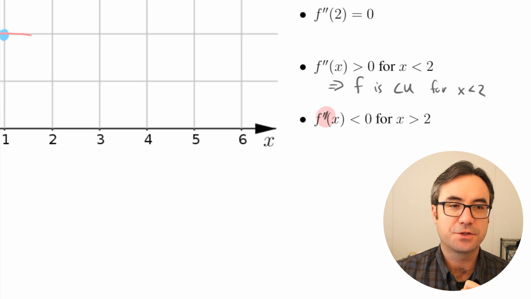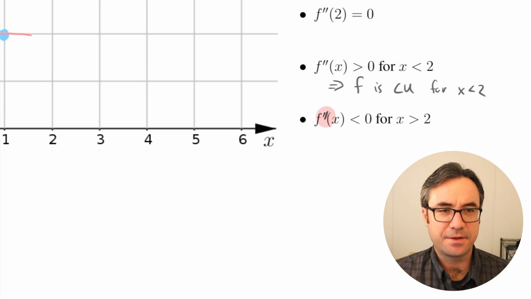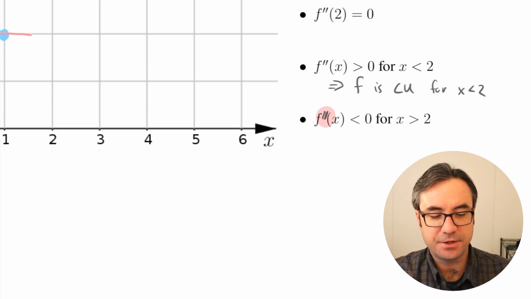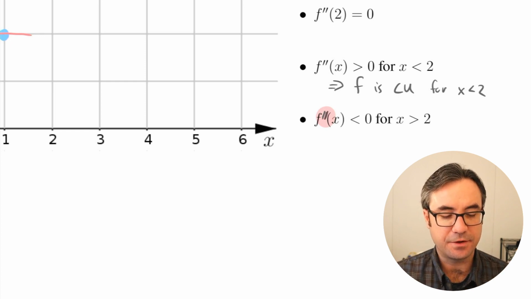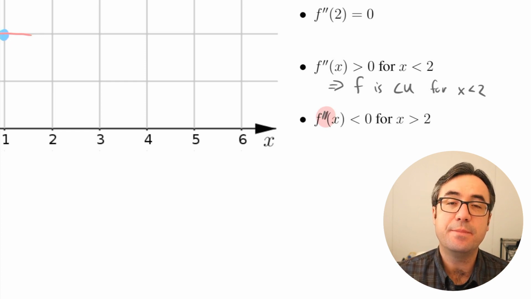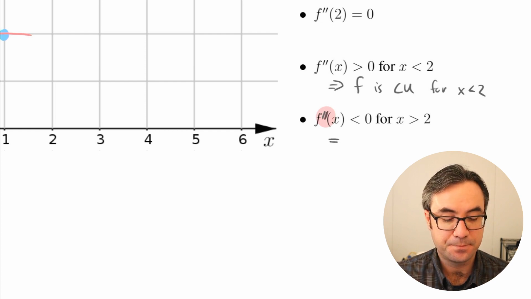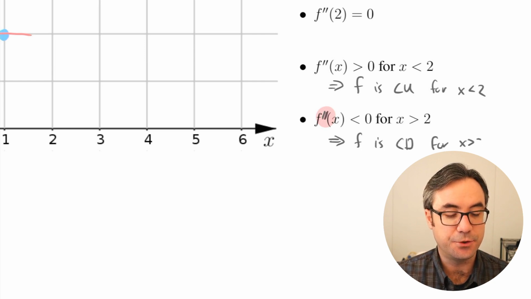So that was the first derivative, but I think this one should be the second derivative. And if that's our second derivative, and it is negative, that means the graph is concave down. So that tells us that f is concave down for x greater than 2.